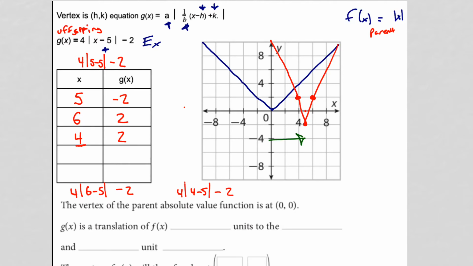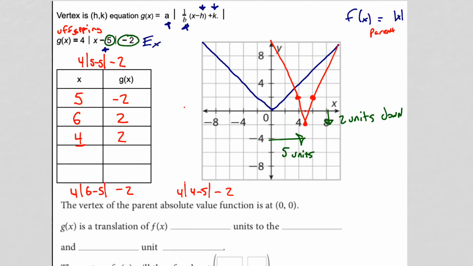Looks like it's been shifted 5 units to the right, and 2 units down. And wouldn't you know, there's a 5, and there's a -2. So chances are this stuff probably refers to which direction you're going, left or right, and up and down.